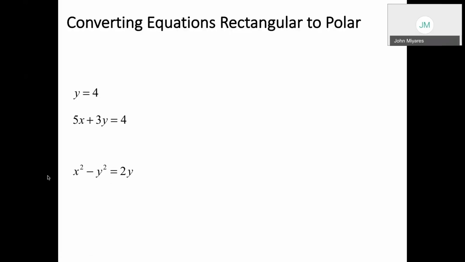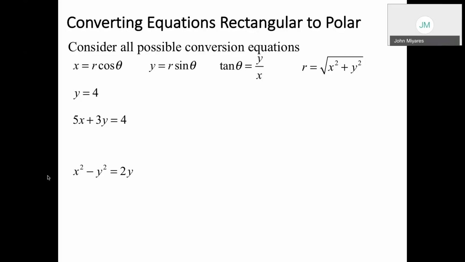When doing these conversions, we may need to pull in any of the 4 conversion equations that we've already discussed when changing points from polar to rectangular or rectangular to polar. For the first example, y equals 4, we'll want to use this second equation in our list, which says that y equals r sine theta, and substitute that for y in our equation.